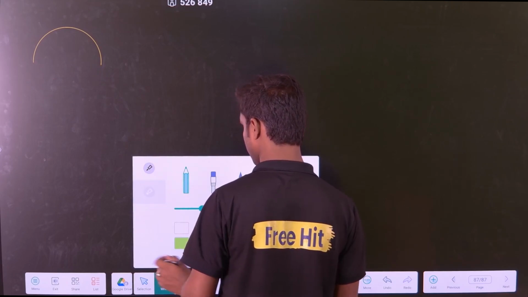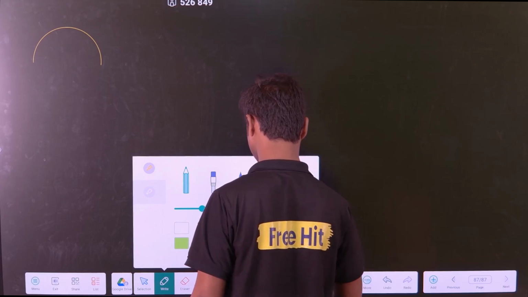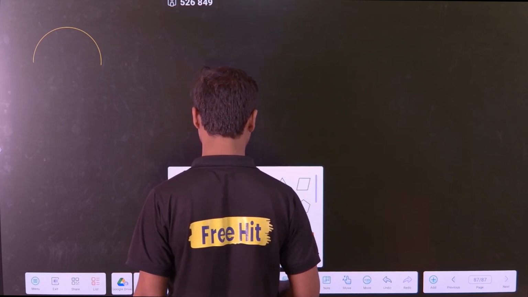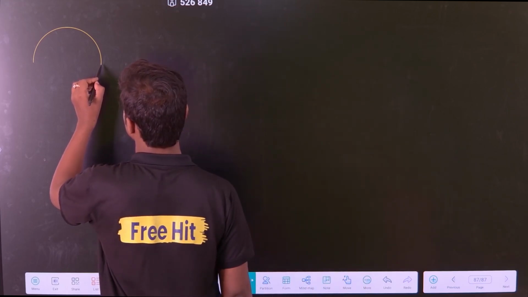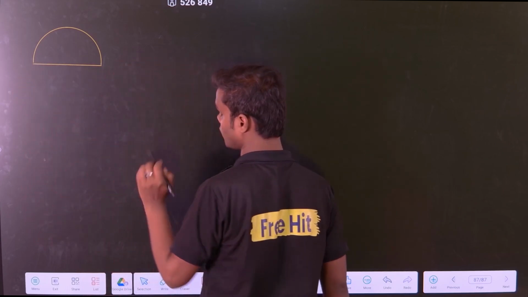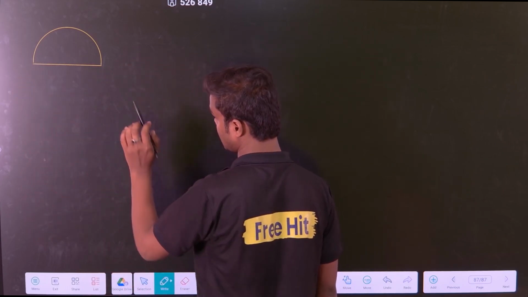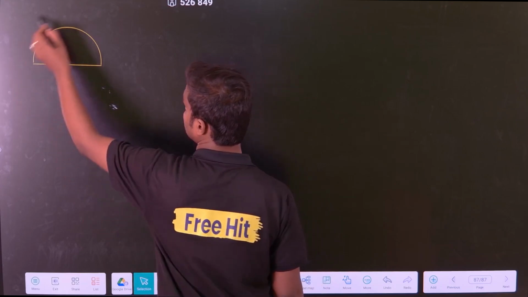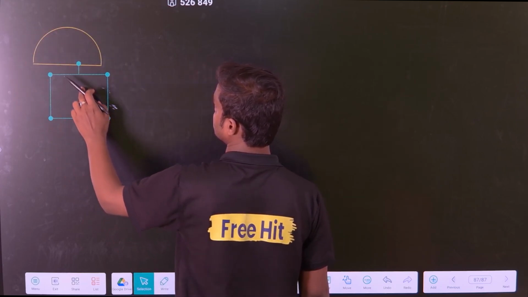So suppose there is a hemisphere. Remember, this is not a normal sphere, it is a hemisphere.